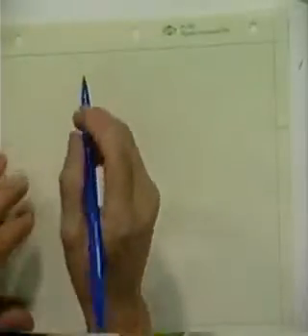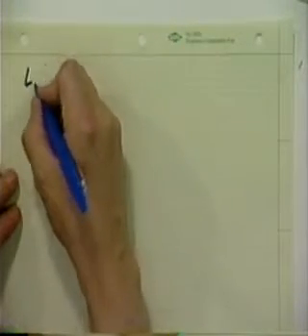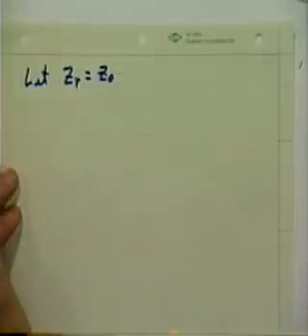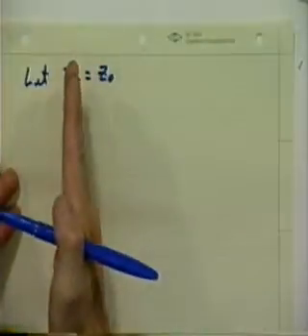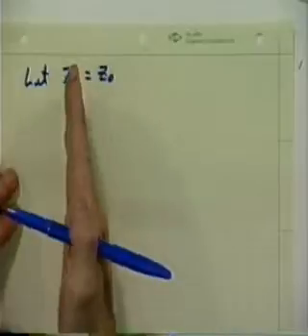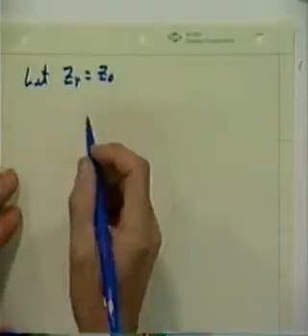Another case I like to look at. This is a neat one here. This is getting pretty close to one of your homework problems, I'm afraid. Let z sub r equal z naught. So we're saying that the z position of the reference beam and the z position of the object are equal.